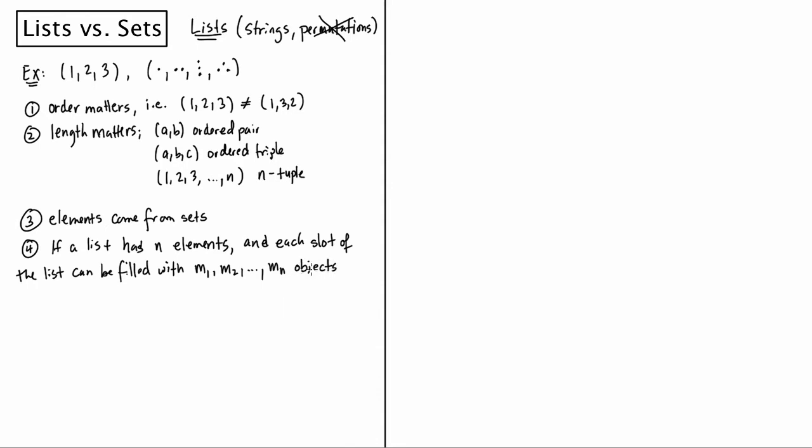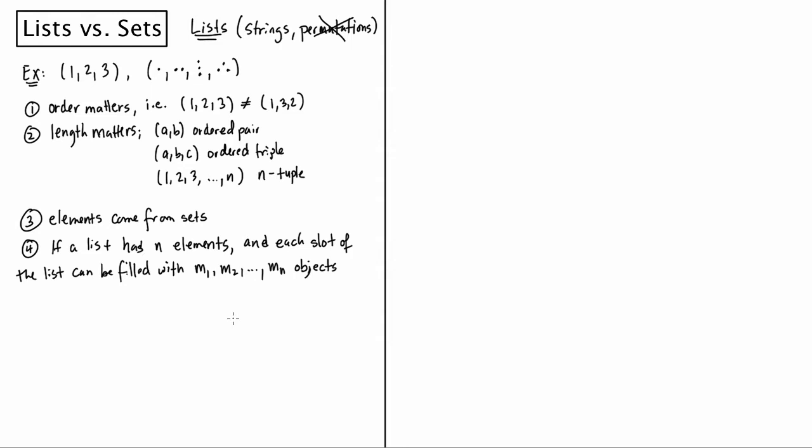Think of the list as each slot having M1 total objects, M2, Mn, where M1, M2, Mn are natural numbers. You could fill it with 0 objects, for example, but that would be kind of silly because then you wouldn't be able to create a list if you couldn't fill one of the holes. So really, M1, M2, and Mn are positive integers.